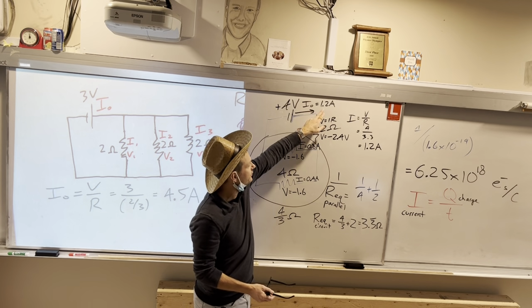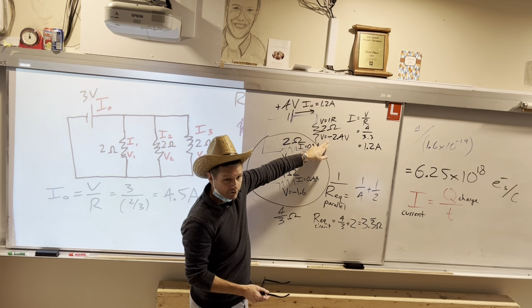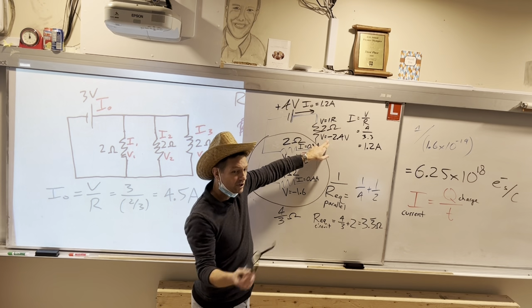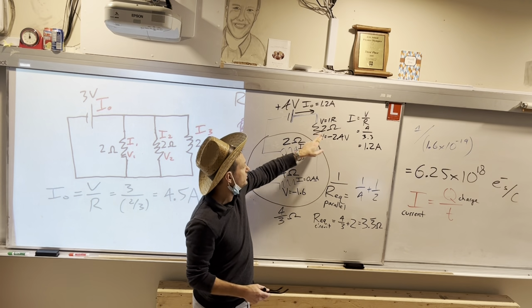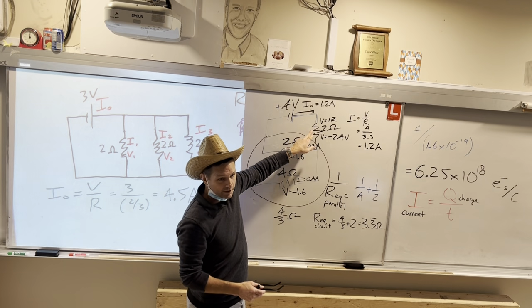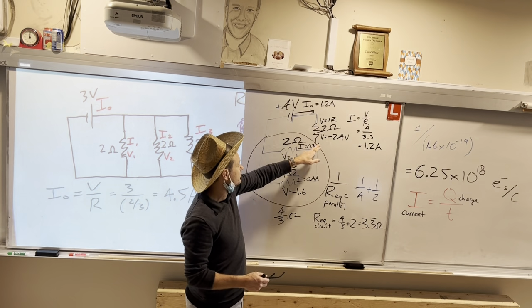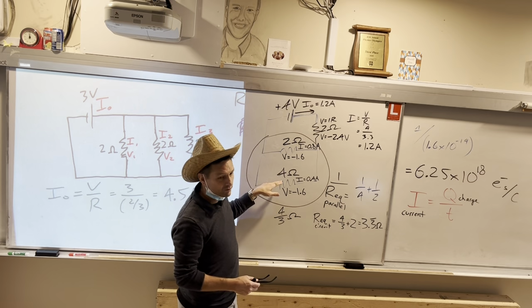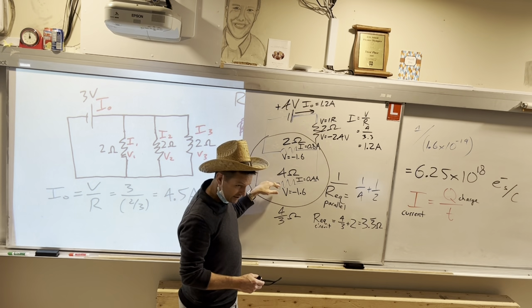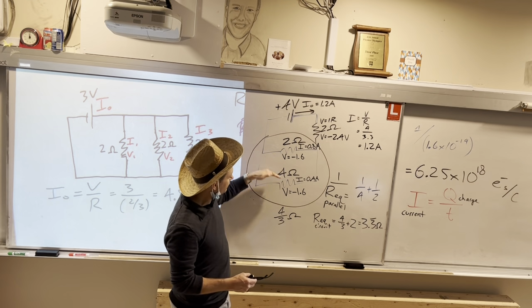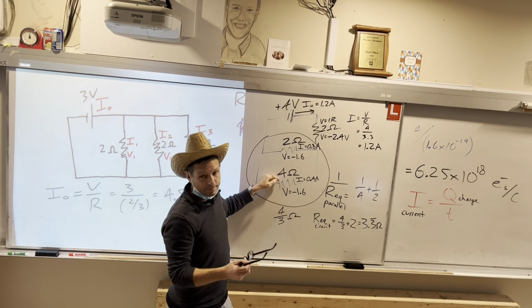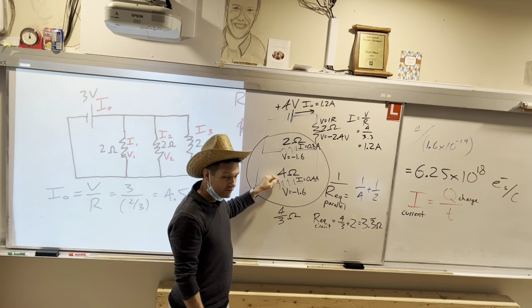So we know our current, and so we know our voltage drop at the first resistor. So our trucks have dropped off 2.4 volts at this first resistor. And so they only have 1.6 left, so they have to drop it at whatever branch they choose to go through. No matter which one they go through, they have to drop it. Exactly. So even if these are different resistances, it has to drop the same amount of voltage.